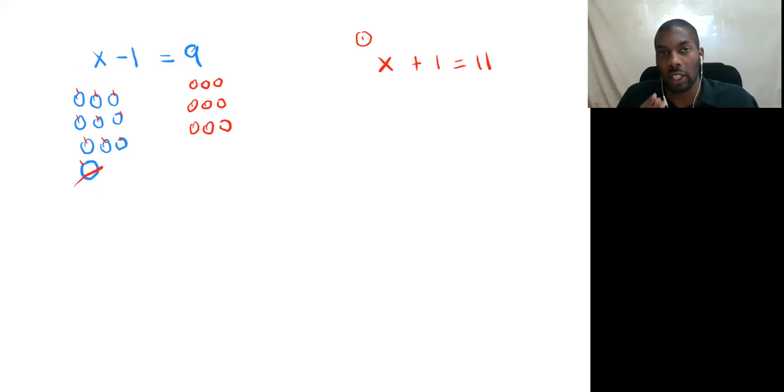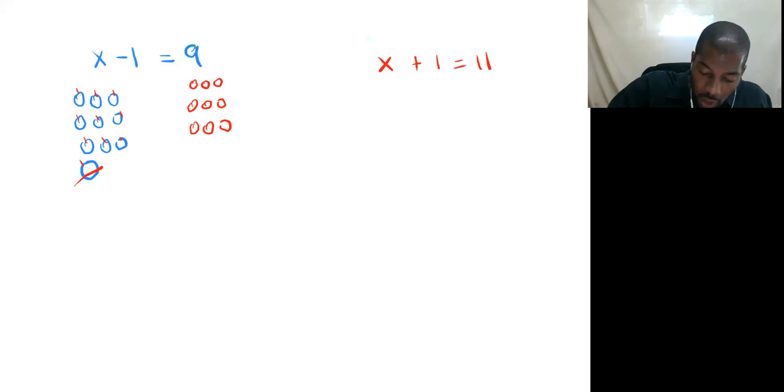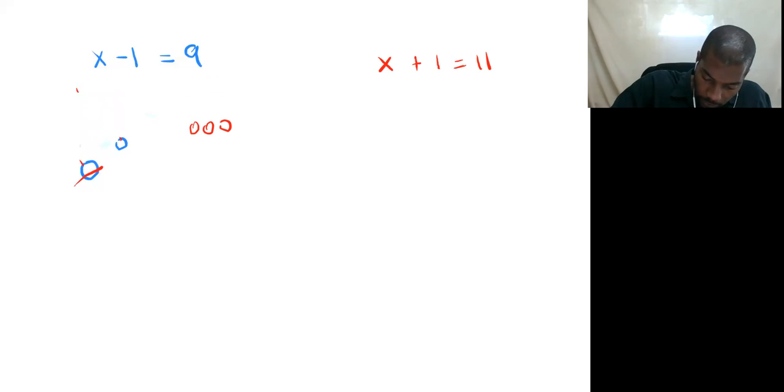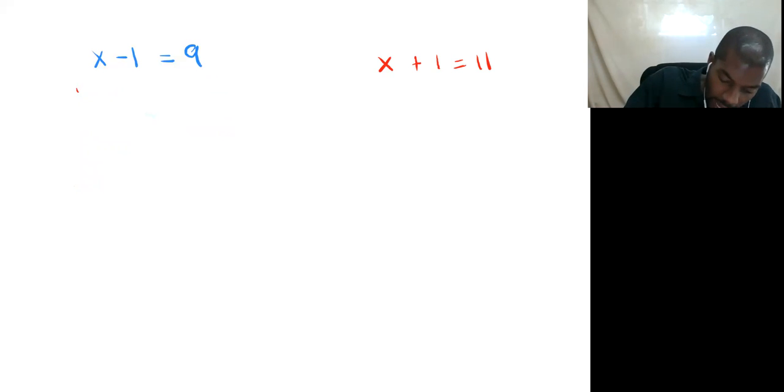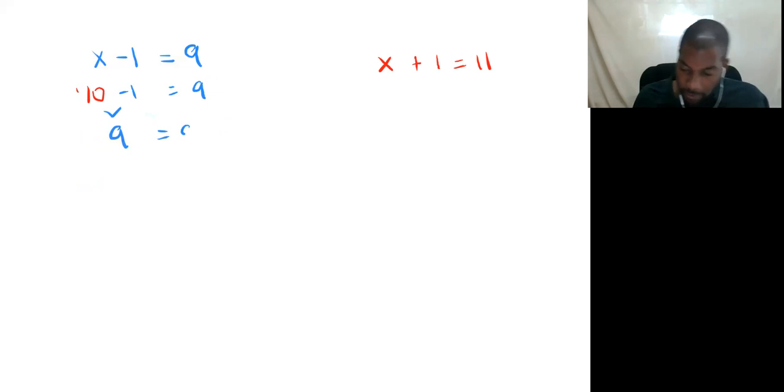If the variables are the same and they would work for both x minus 1 equals 9 and x plus 1 equals 11, well, then we have equivalent equations. So let's see if that's true. We already know that in this equation, x is 10. We know that 10 minus 1 is equal to 9, because 10 minus 1 is in fact 9. 9 is equal to 9, right?